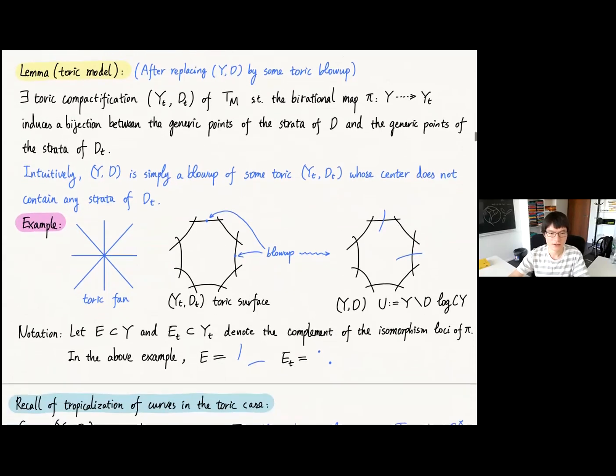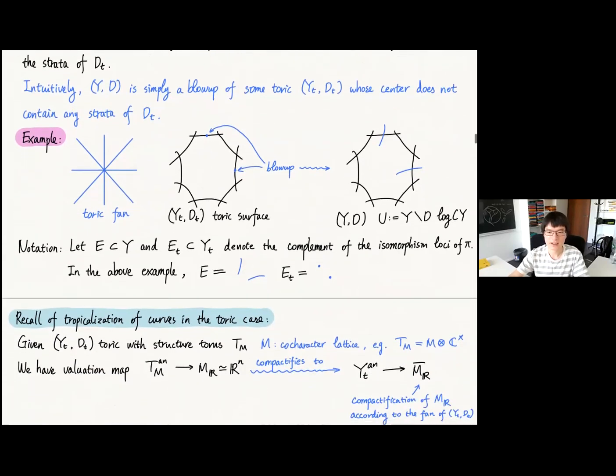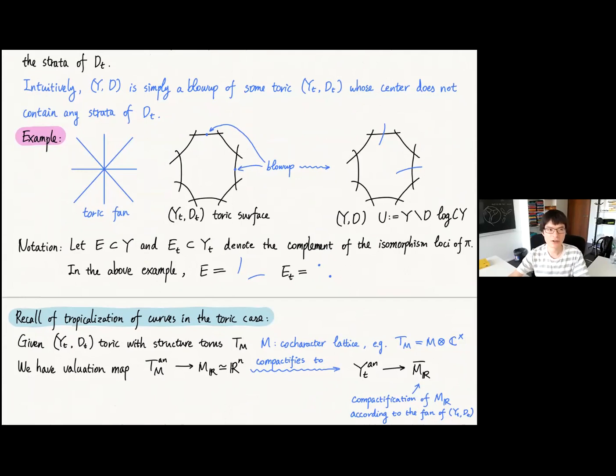So now let's take advantage of our torus, and it's easy to tropicalize in the toric case. So recall, how do we tropicalize curves in the toric case? Given Y_T, a toric variety with structure torus T_M, M being the co-character lattice.